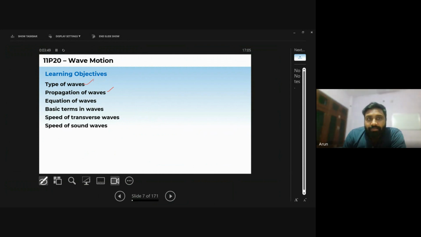Propagation of types of wave: we have two types of wave that we have discussed. First is mechanical, and second one is non-mechanical. Those that are not mechanical are termed as non-mechanical.